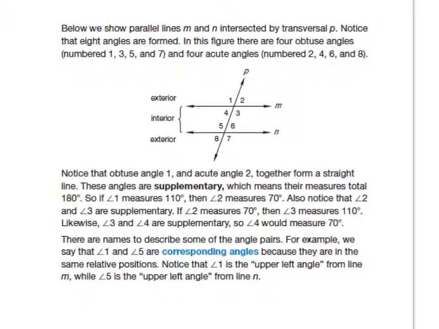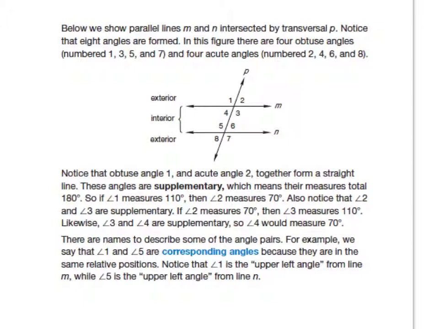And you'll notice the numbers are tucked inside the angle to make it where you know what they're pointing to. Our even-numbered angles, 2, 4, 6, and 8, are acute angles. And you'll remember that acute angles are less than 90 degrees. So there are, again, 4 obtuse and 4 acute angles in this diagram.